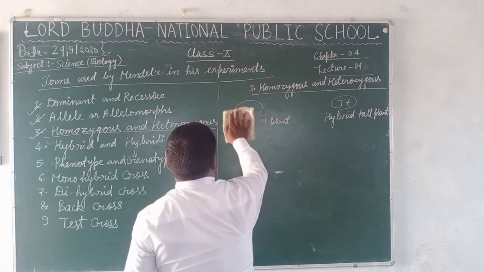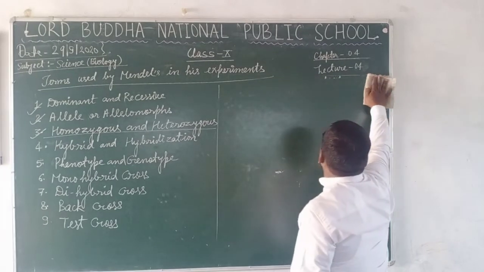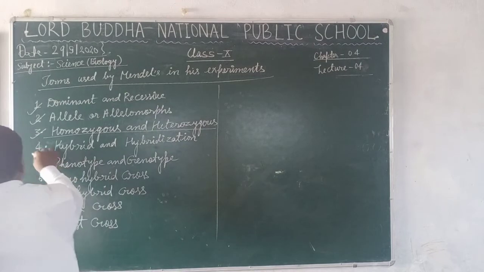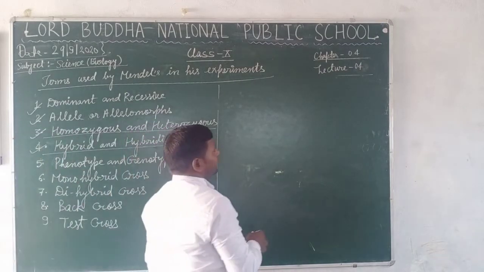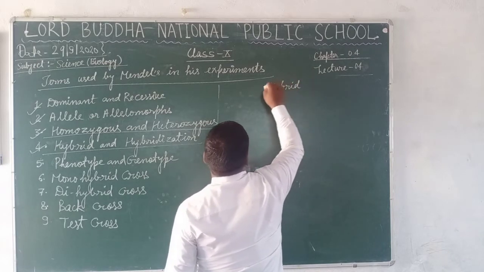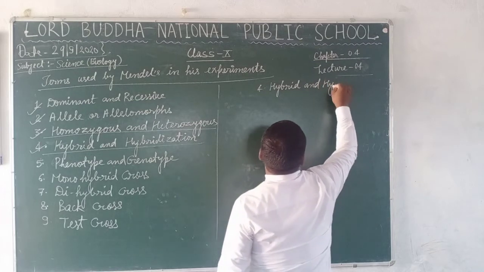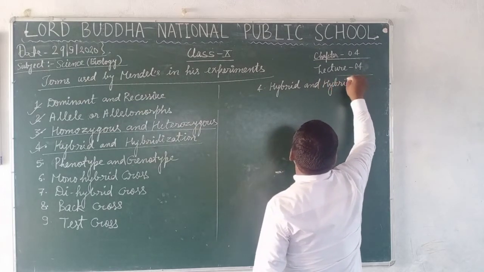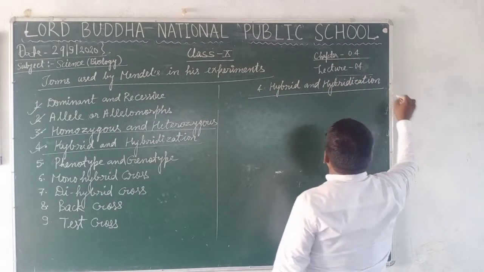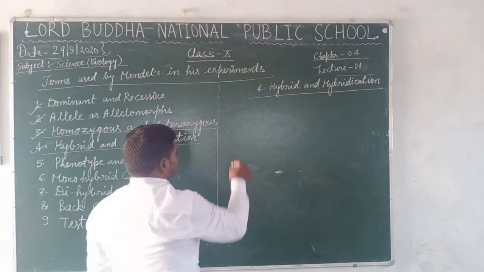Next, students. The next term is hybrid and hybridization. What is hybrid and hybridization? Students, this can be understood with the help of a suitable example.